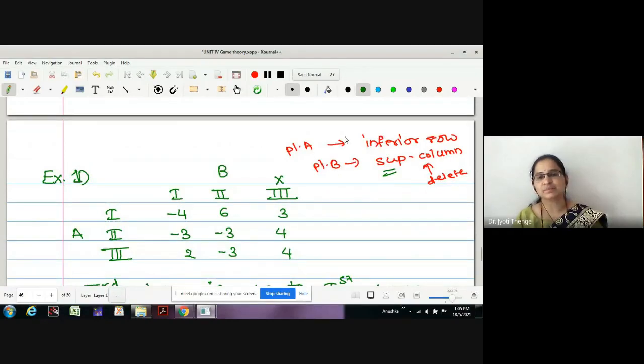Why were we deleting the inferior row? Actually, because finally, lastly, A wants to find the maximum of the minimum expected gain. Na? Therefore, the row whichever is inferior is not going to give us the maximum value of the gain. Right? The player A wants to maximize his minimum expected gain. Therefore, whatever is the inferior row, at any value of x1 and x2, is not going to give us the maximum. That's why we were deleting the inferior row.